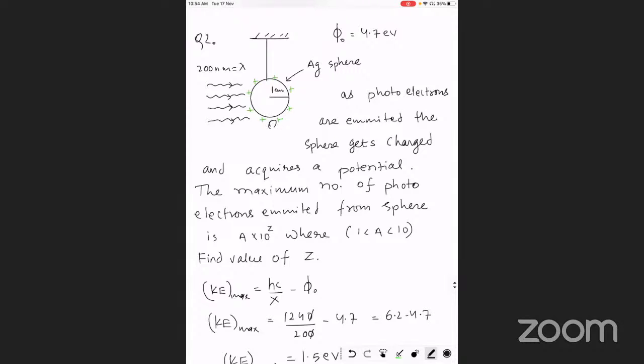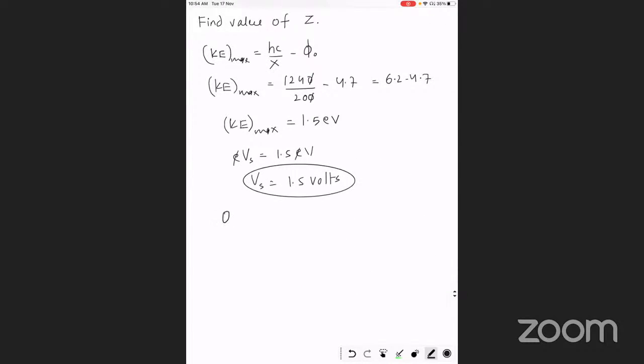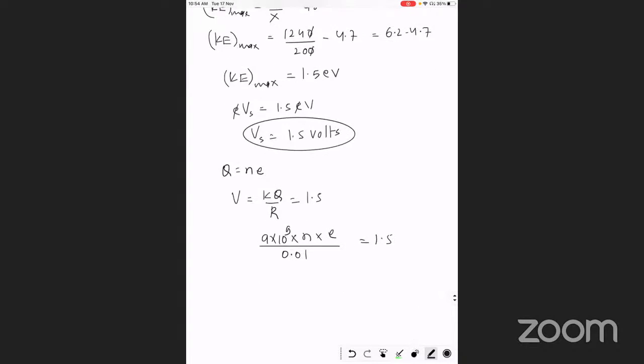Suppose the sphere got maximum charge Q. We can write Q is equal to NE, do you remember? And potential we can write as KQ by R. This potential should be equal to 1.5. K is 9 into 10 to the power 9. Q is NE, divided by R, which is 1 centimeter, means 0.01, is equal to 1.5.